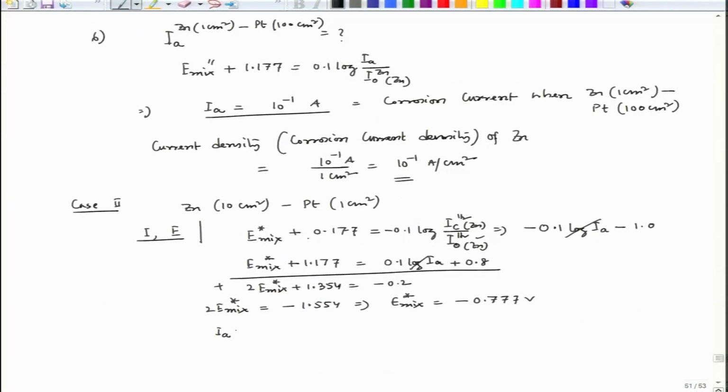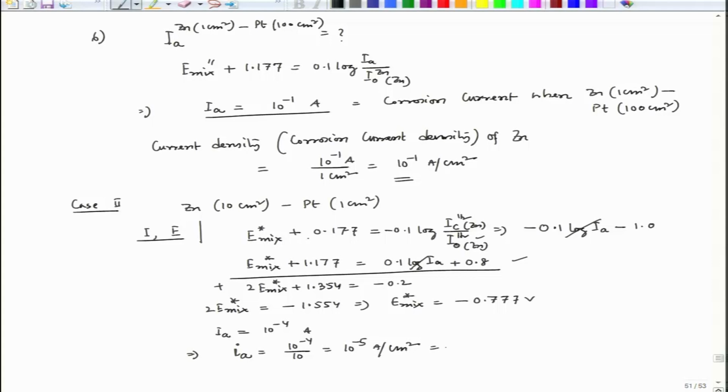Now, we have to find out IA, which can be found out by taking this equation. So, if you calculate IA, you will see that the value comes out to be 10 to the power minus 4 ampere. Now, corresponding to IA, if I try to find out 10 to the power minus 4 divided by 10 centimeter square, equal to 10 to the power minus 5 ampere per centimeter square.